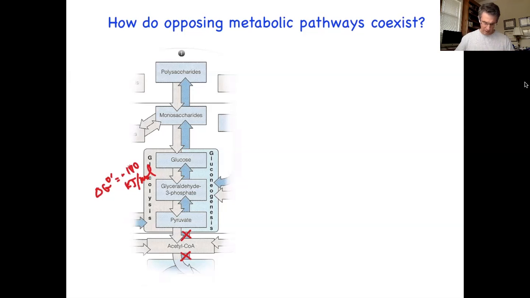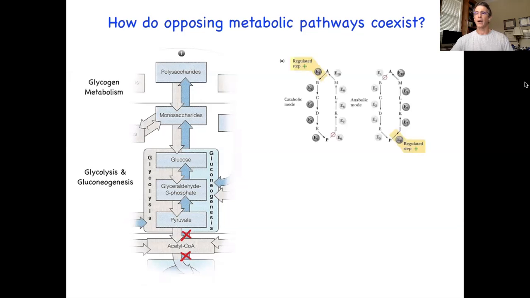Okay, so the solution here is to not try to do it that way. There are two general ways in which one could build a pathway that gives you both the control and solves that thermodynamic problem. The first is to build a reversing pathway that uses a completely different set of steps. So imagine this was glycolysis and we came all the way down to pyruvate.